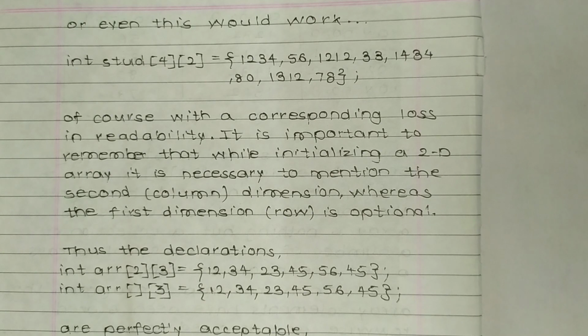It is important to remember that while initializing a 2D array, it is necessary to mention the second dimension, the column, whereas the first dimension, the row, is optional.